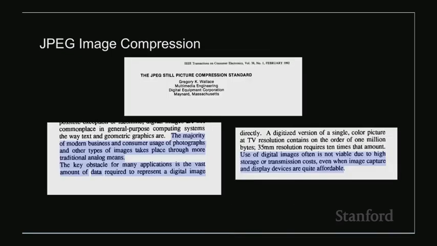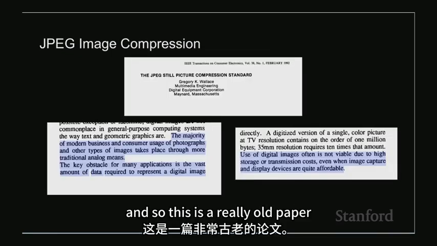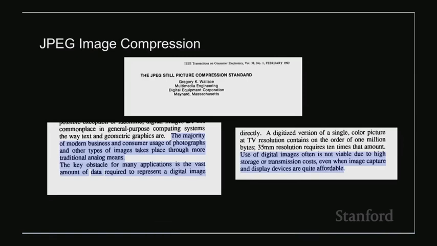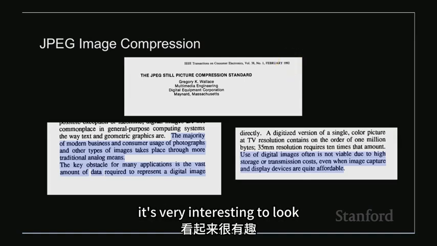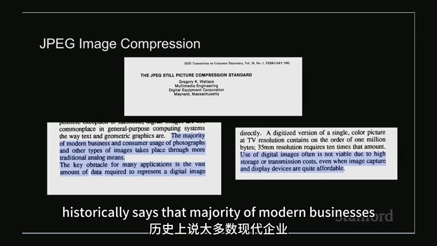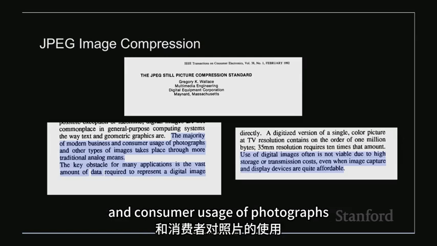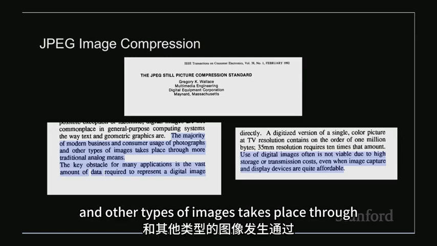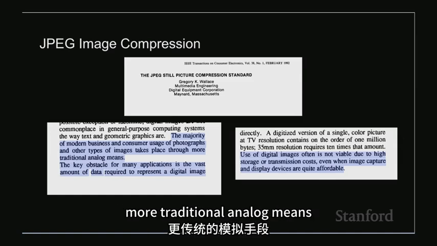Nice. So this is a really old paper which introduced the JPEG compression standard. This is from 1992, and it's very interesting to look at historically. It says that the majority of modern business and consumer usage of photographs and other types of images takes place through more traditional analog means.